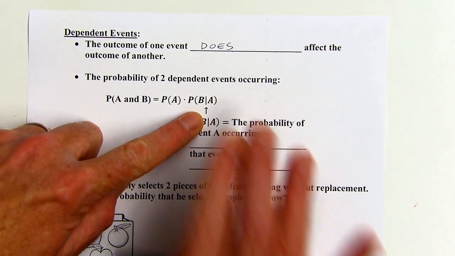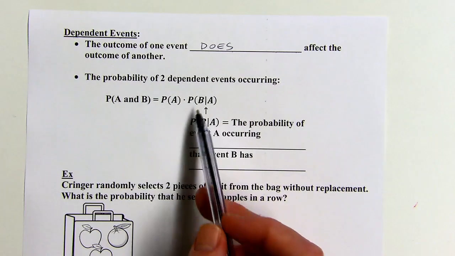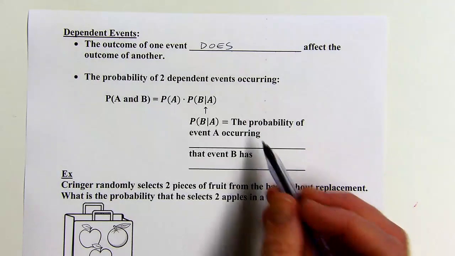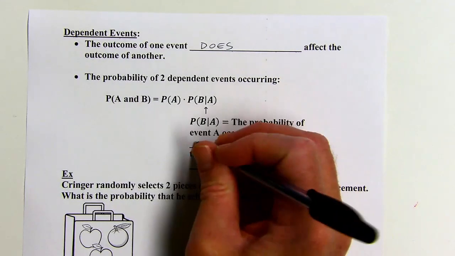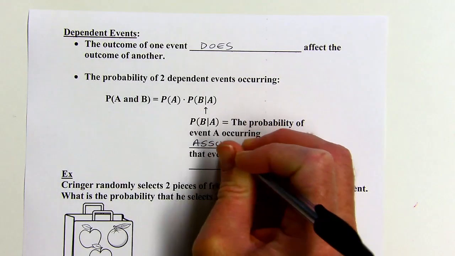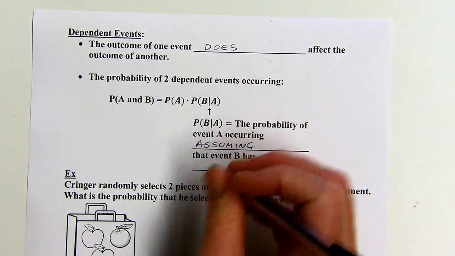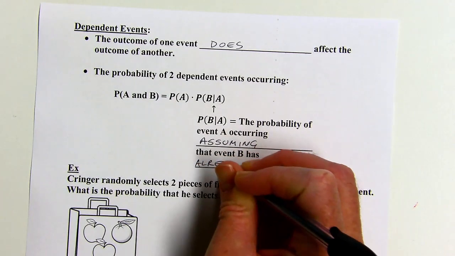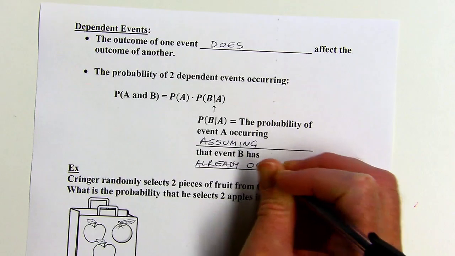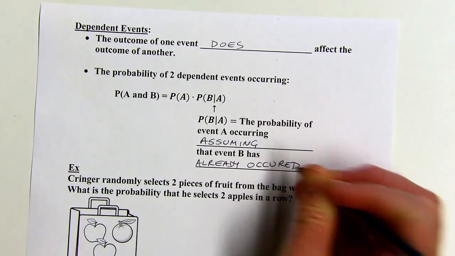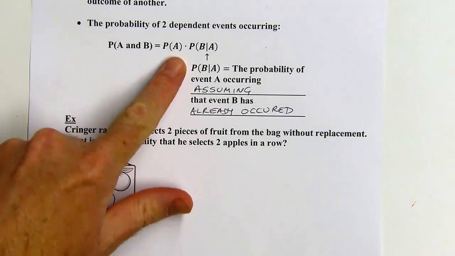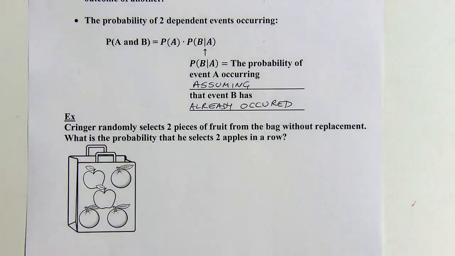Then this means it's the probability of event B occurring, assuming that event A has already occurred. Okay, and this will become clearer when I show you with an example here. But we're going to need this slightly different formula for dependent events, okay?